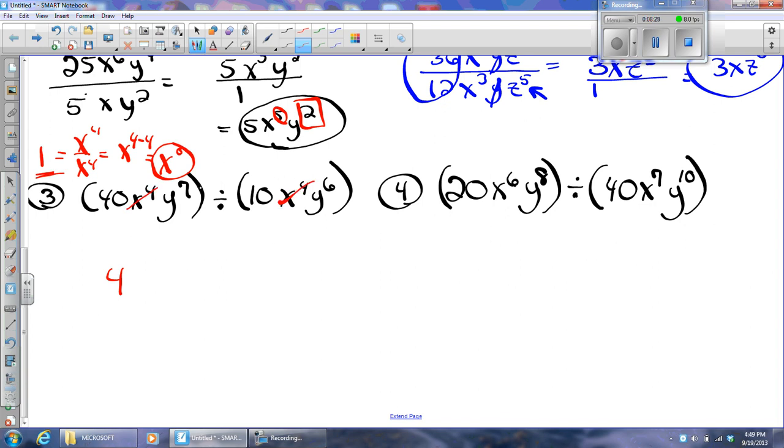Now, y to the 7th divided by y to the 6th, 7 minus 6, 1. And there you go. Now, in a problem like this, you're likely to get screwed up if you don't go the fraction route. I'm going to suggest a fraction.